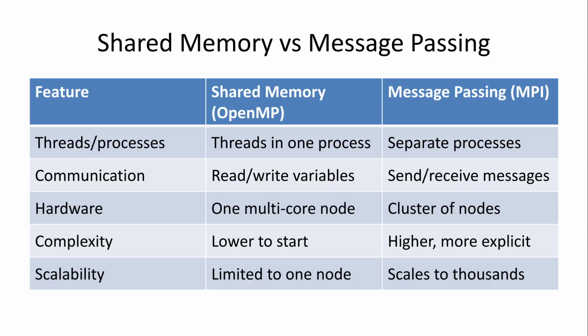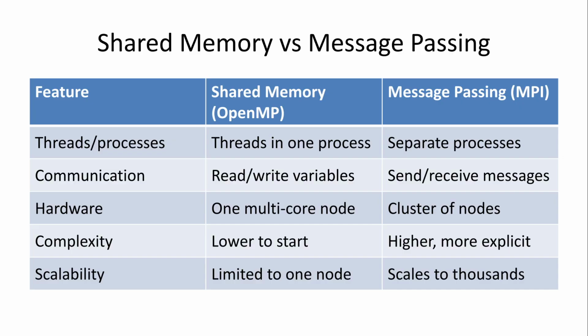The hardware for shared memory is generally a multi-core node or system where you have a common memory pool and you just access that memory location. Whereas MPI can run on a single multi-core processor or a cluster of nodes: a bunch of servers connected together with a high bandwidth network, communicating via gigabit Ethernet or InfiniBand.